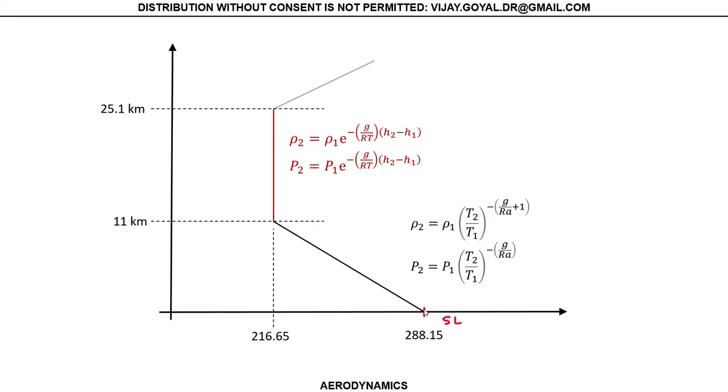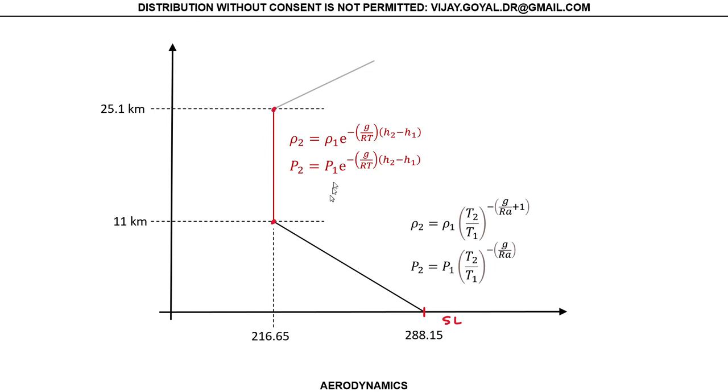Anytime I'm going from this point to this point, these are the equations I'm going to use. This is for varying temperature. This is the isothermal case. So these equations are valid all the way across here to there.